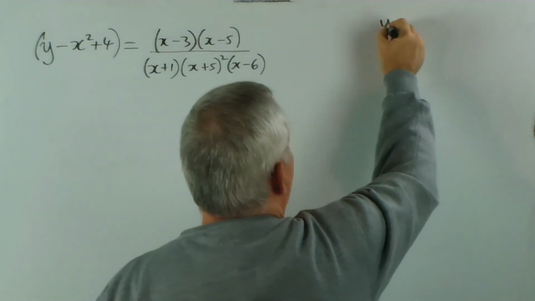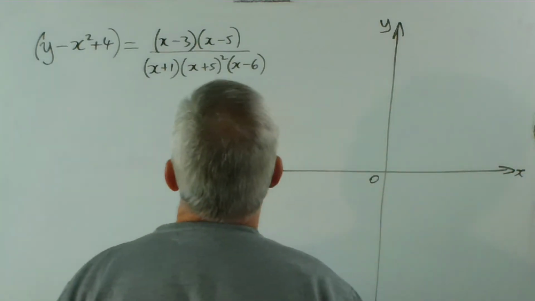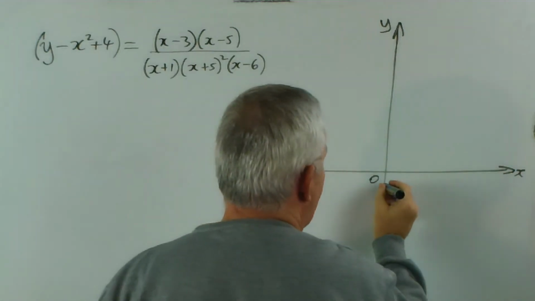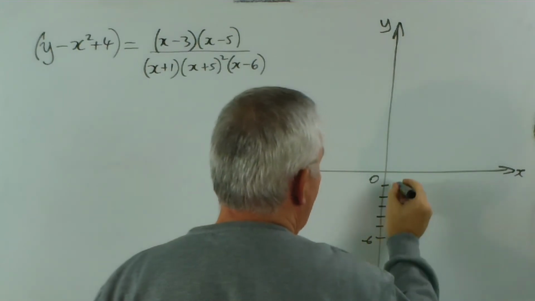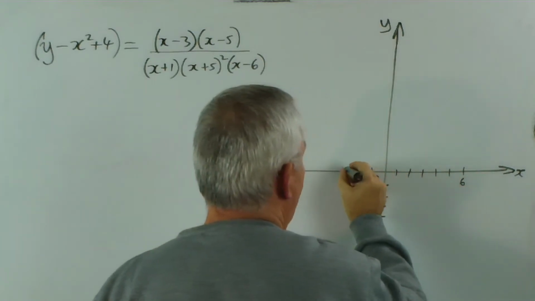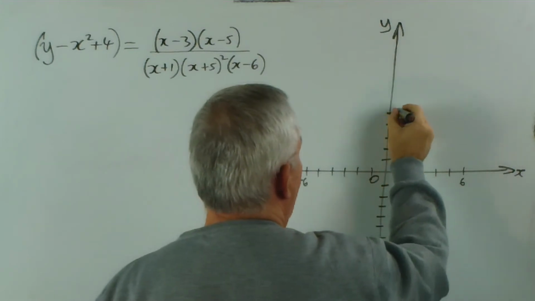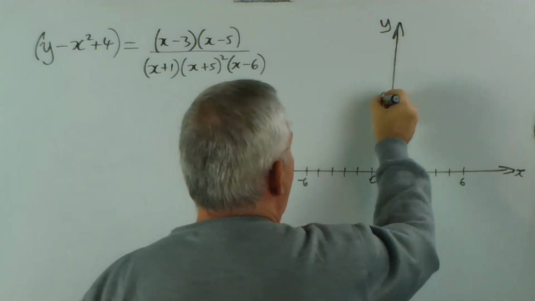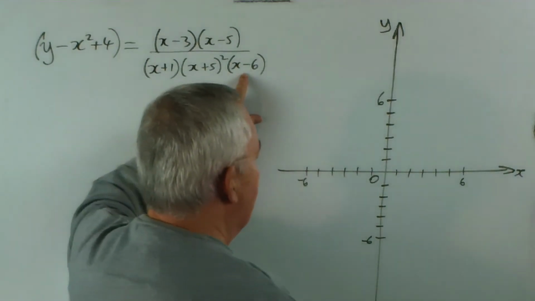I'll try and draw them fairly quickly. Now, the numbers aren't huge, fortunately, so let's go 1, 2, 3, 4, 5, 6. Okay, we have one asymptote plus 6.